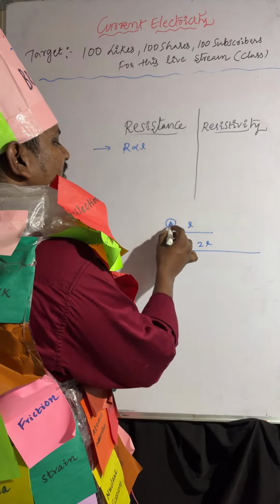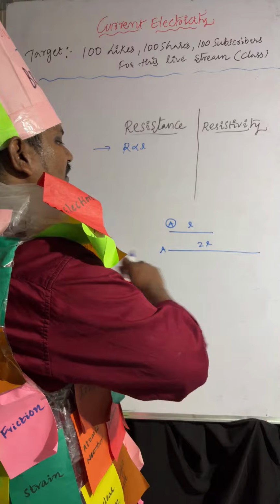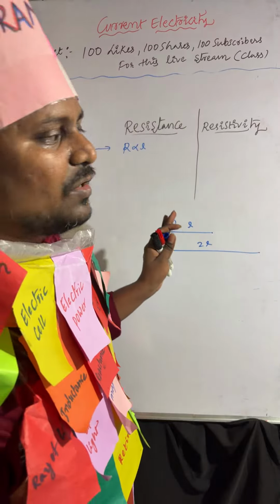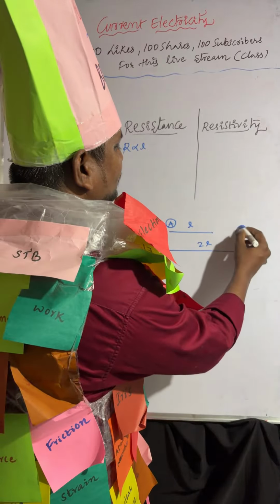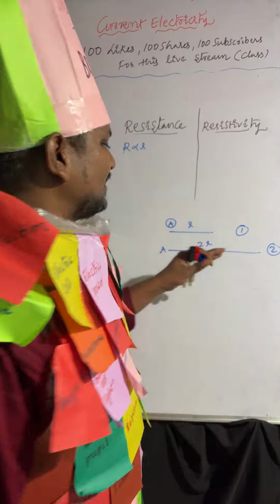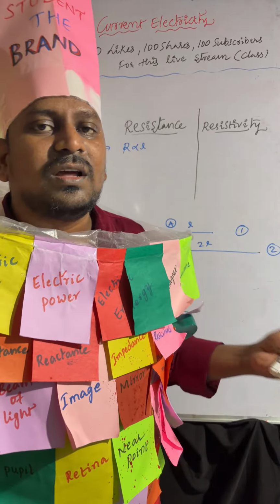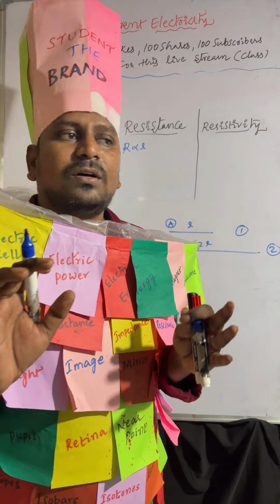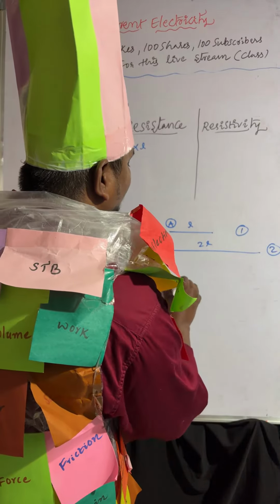Here the area of the cross section is A and the length is L. Here, increase the length to twice, and the area of the cross section is same. Again you have to connect. So case 1, case 2. In the second case, connect this wire to an electric circuit and observe the reading in the meter. Then third case, the area of the cross section is twice.